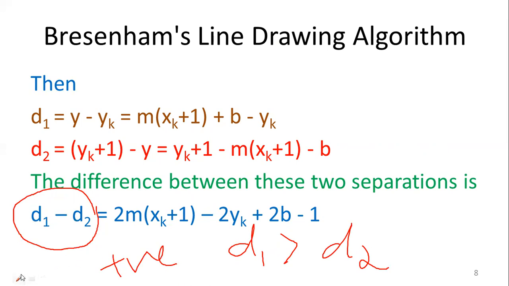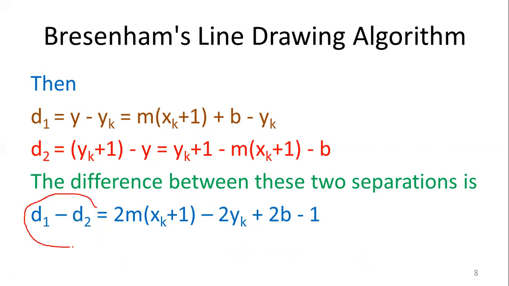So that is the relevance of this parameter. This d1 minus d2 is a very important parameter. Based on whether d1 minus d2 is positive or negative, we can determine which pixel is to be plotted next. If d1 minus d2 is negative, then d1 is smaller, so the next pixel to be plotted is xk plus 1 comma yk.